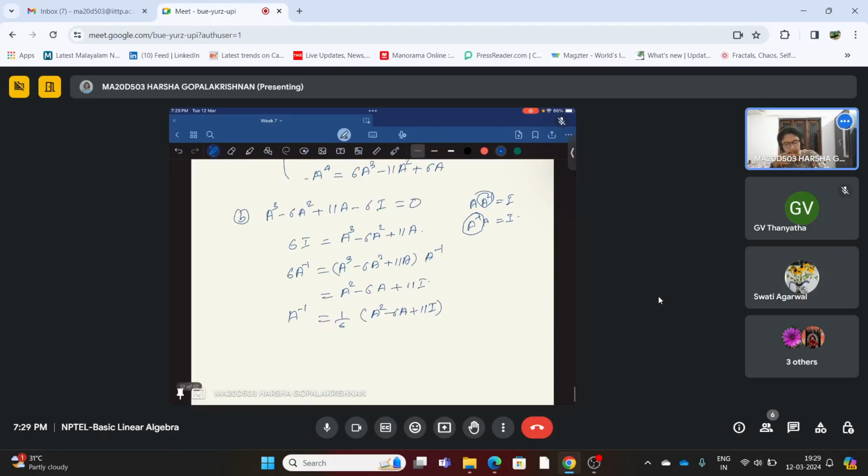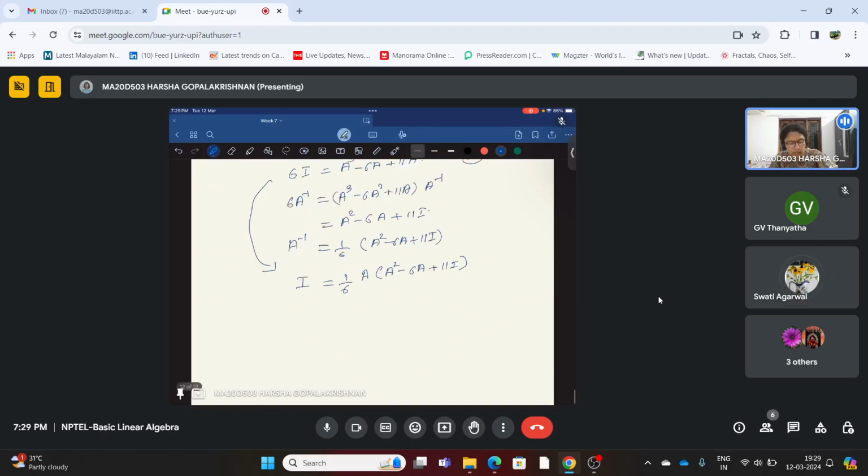Okay, one way is that way. Otherwise, what we can do is I equal to 1 by 6 into, I am taking A outside from this equation itself. So what we will get is A square minus 6A plus 11I.